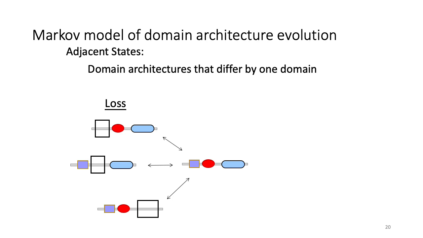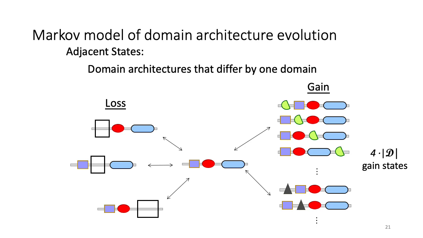For example, given a domain architecture of length 3, there are 3 states that correspond to loss events. The set of adjacent gain states is much larger. There are 4 sites in the domain architecture where a gain can occur. For each of these sites, any domain in the domain alphabet is a candidate for insertion.